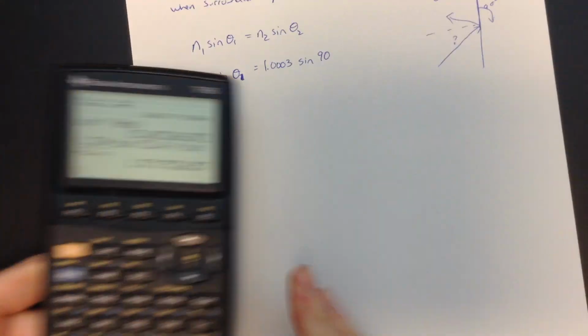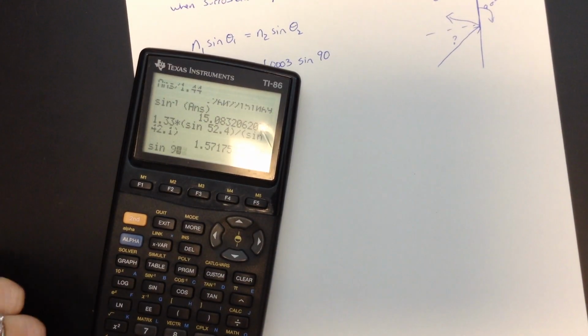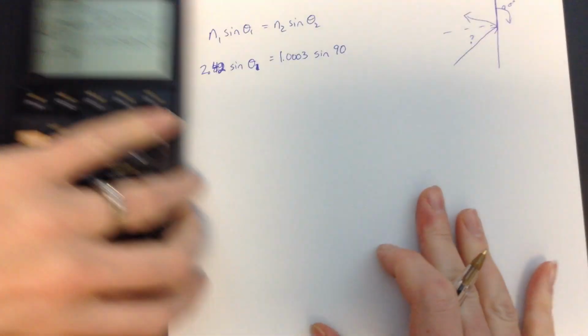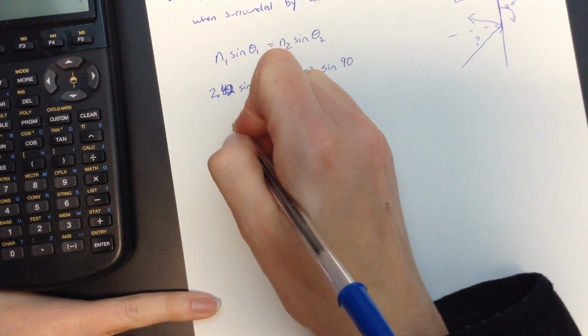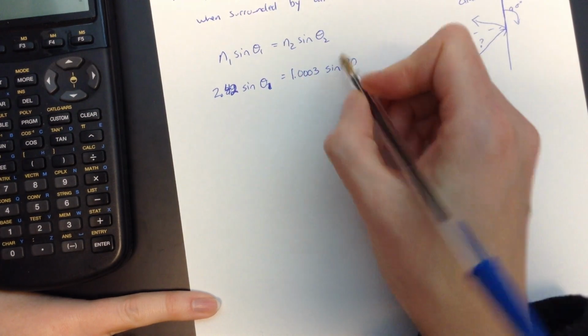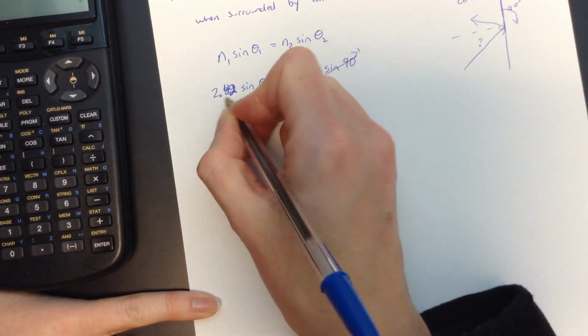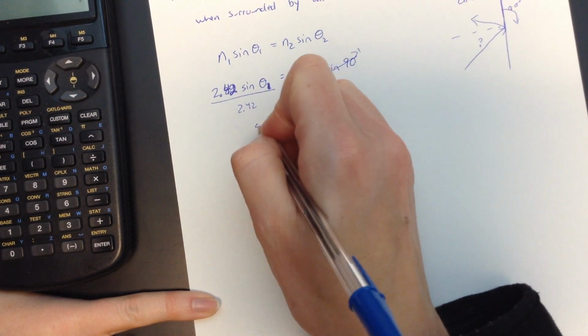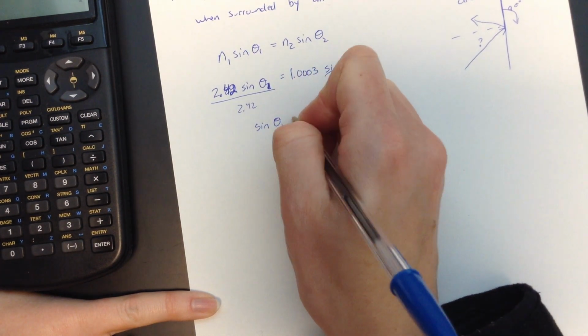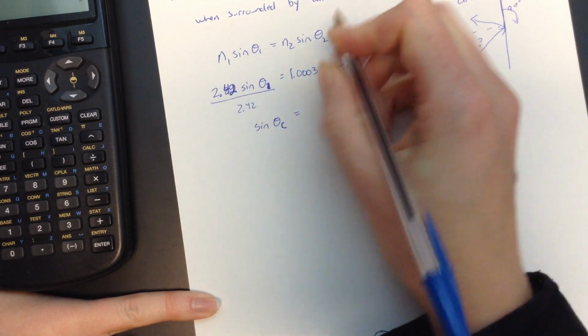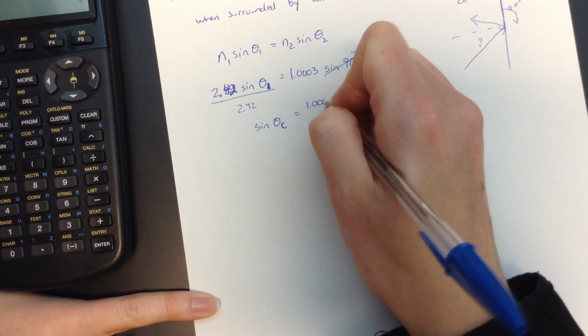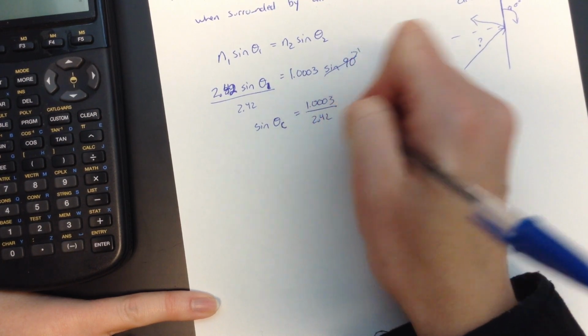Okay. Now, conveniently, if I remember, sine of 90 is one of those easy numbers to work with. Oh, it's 1. So this boils down to n1, so this is 1, right? So I just have to divide by 2.42. So sine of this angle, I'm going to put C for critical, is whatever 1.0003 divided by 2.42 is.